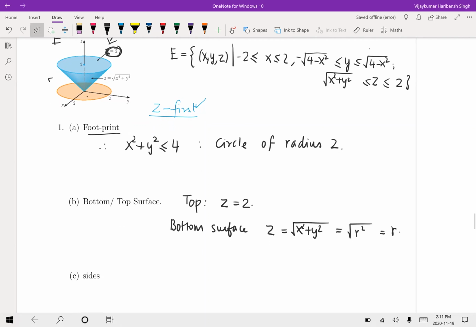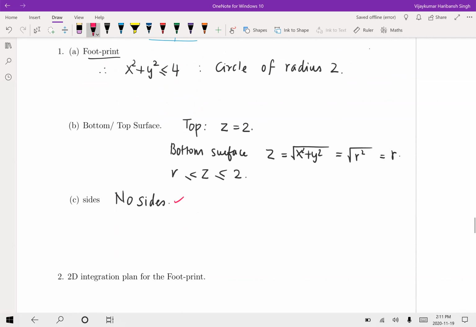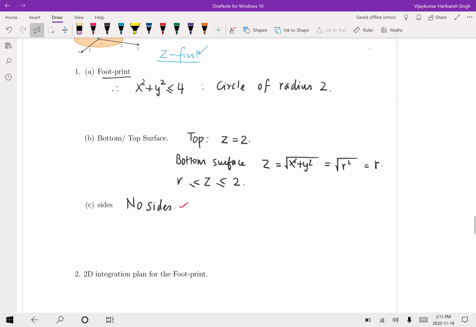So we got the top and bottom. So your z is greater than or equal to r but less than or equal to 2. Now what are the sides? There's a top surface, there's a bottom surface, there's no sides. So sides checked.